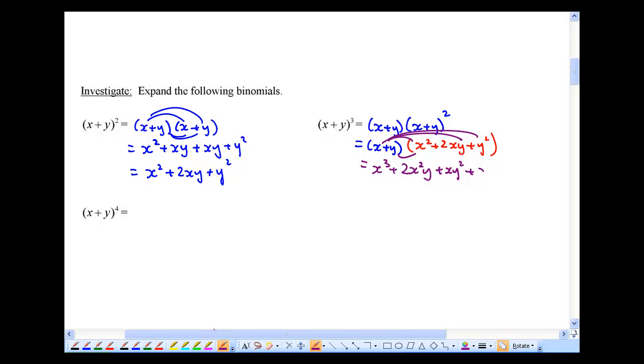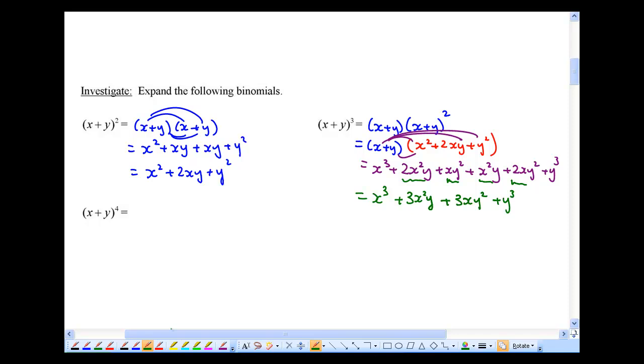And then we have plus x squared y plus 2xy squared plus y cubed. We'll try to simplify that by collecting like terms. So x cubed. I think these are like terms, right? So 3x squared y. Here's like terms. 3xy squared plus y cubed. Cool.